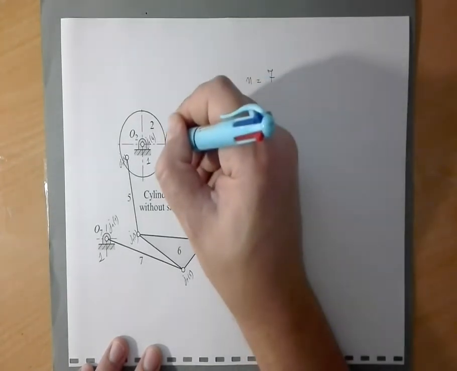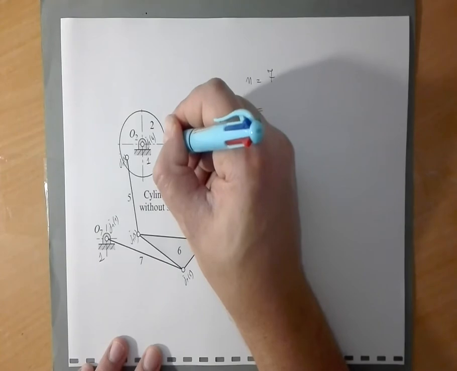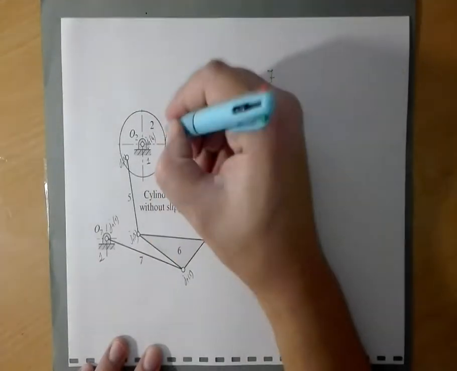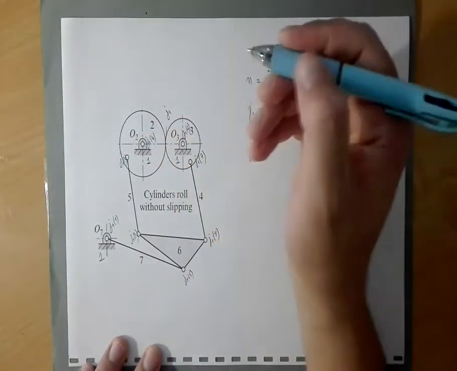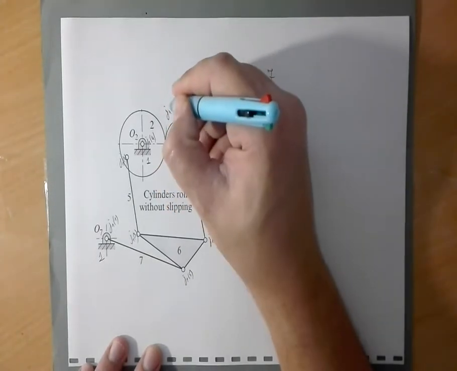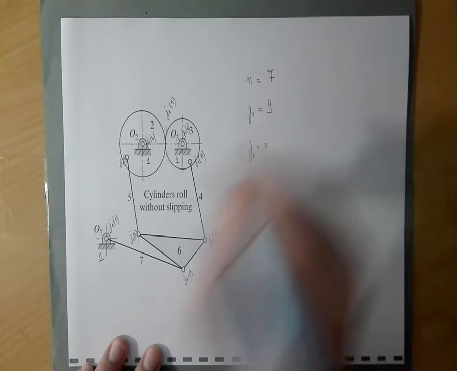And sorry, we don't have only a pin here. It is rolling contact without sliding, so we have j1 also, which is not a pin but another joint, which is 9. So we have 9 j1.